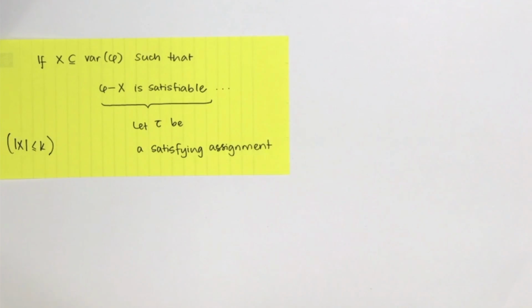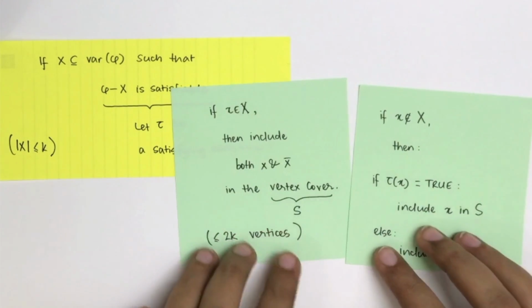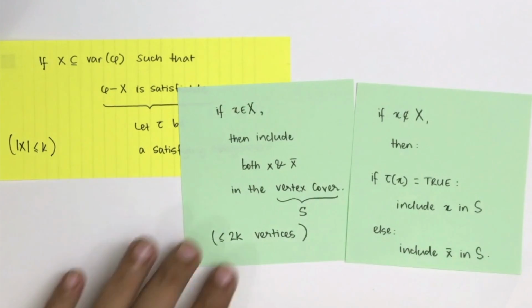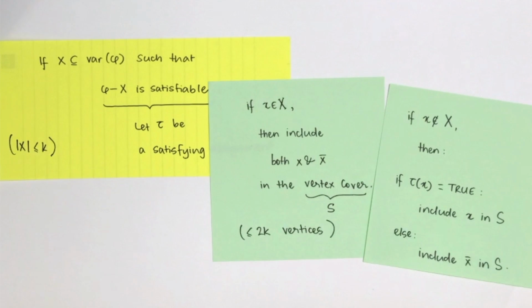So that's the solution that we want to build. In fact, let's make that explicit here. So if you have a variable that's picked in the solution, then we will include both of the vertices that are based off of that variable.